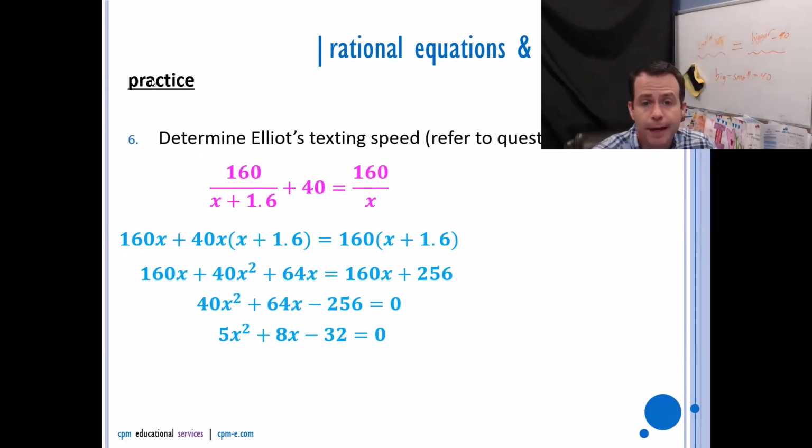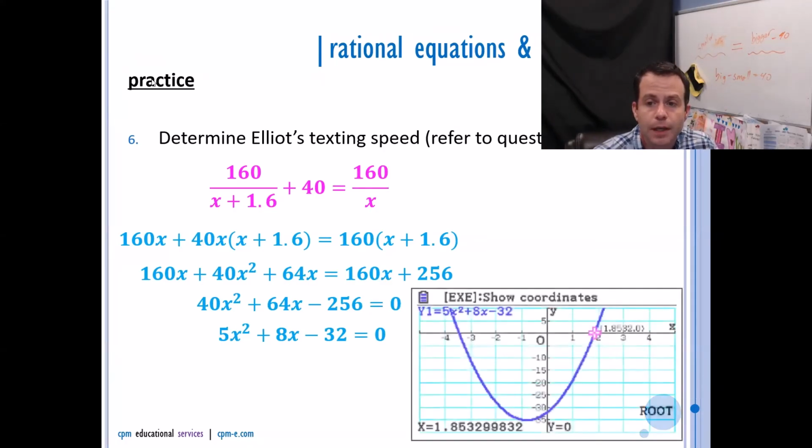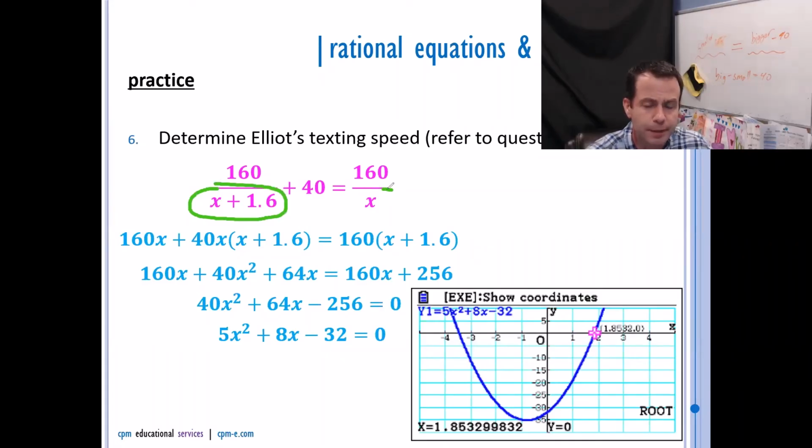I could try to factor, I could go to the quadratic formula, I could graph. If it's a written response and they want it algebraically, don't graph it. But if it's multiple choice, any one of those would work fine. I chose to throw a graph in here. Now, we are talking about speed, and I know that the bottom fraction here represents the speed right now.